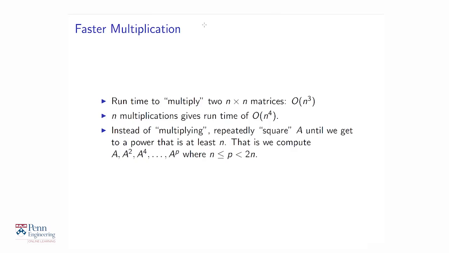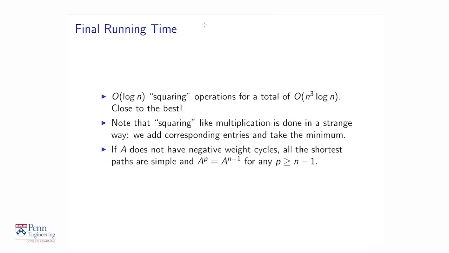There will always be a power of 2 that's between n and 2n, and we keep on squaring A until we get to this power p. When we do, in entry ij, we have the shortest weight path with length at most p. Now if there are negative weight cycles, you will see some negatives on the diagonal, and we will give up and say there are negative weight cycles.